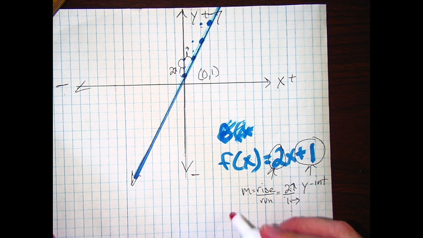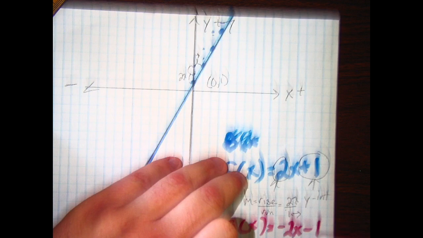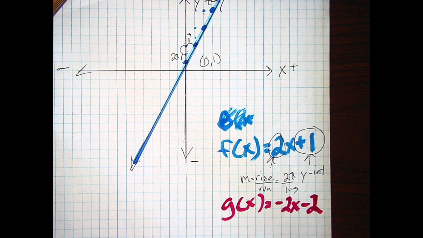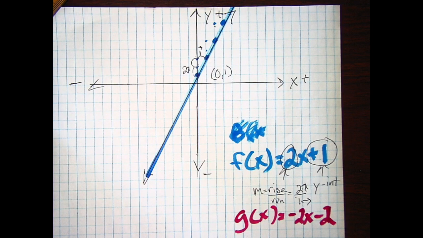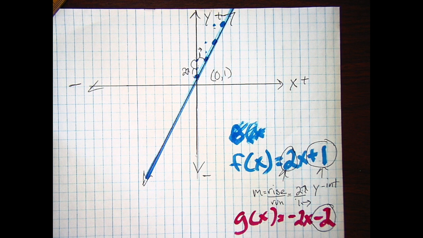Okay, so now we're going to do another equation. This time we're going to do g of x is equal to negative 2x minus 2. We're going to graph this one the same way. The negative 2 without the x is what we call the y-intercept.